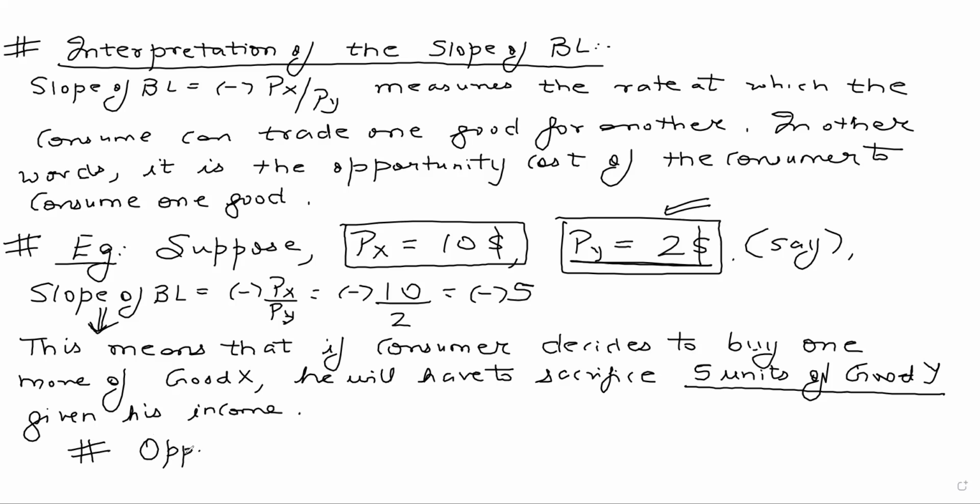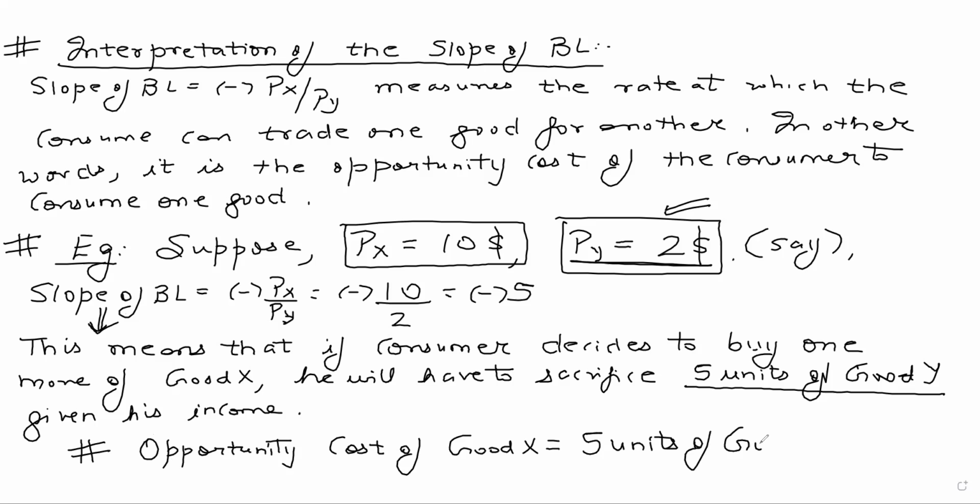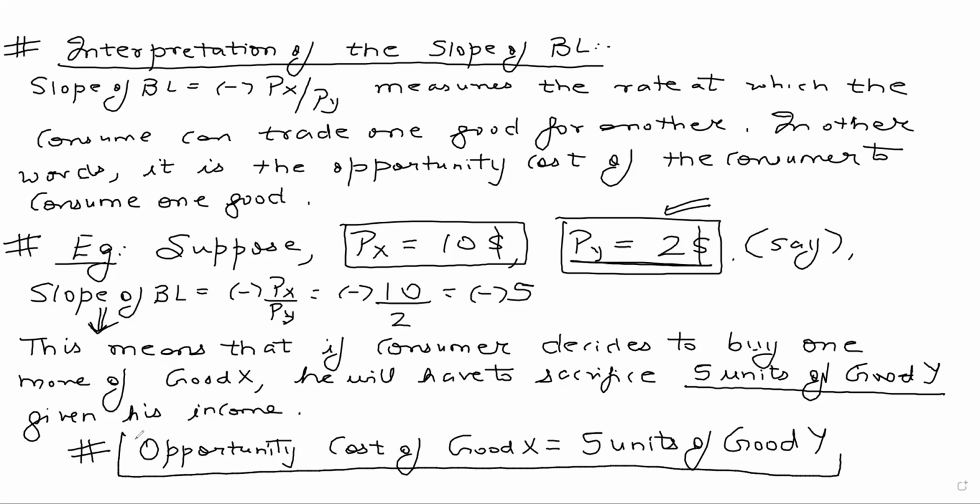Therefore, the opportunity cost of good X is 5 units of good Y. That means if I plan to buy one more unit of good X, I will have to sacrifice 5 units of good Y. So hoping that students have understood how to interpret the slope of the budget line.